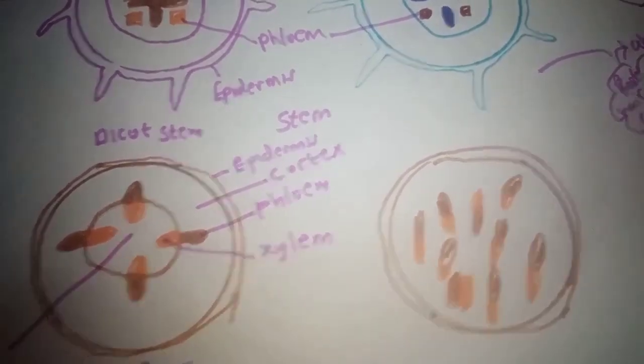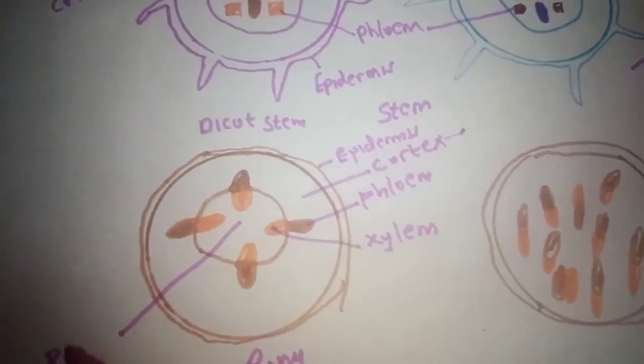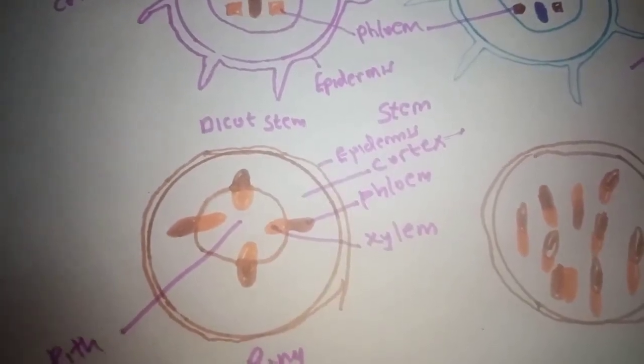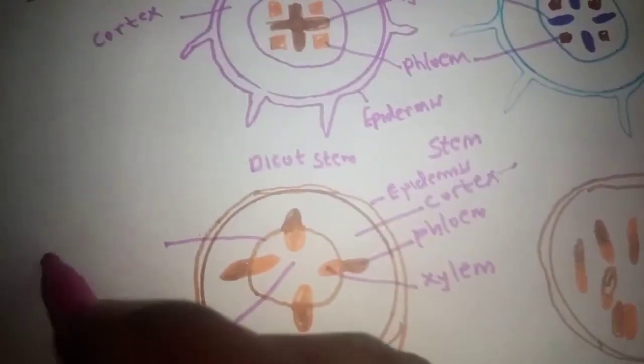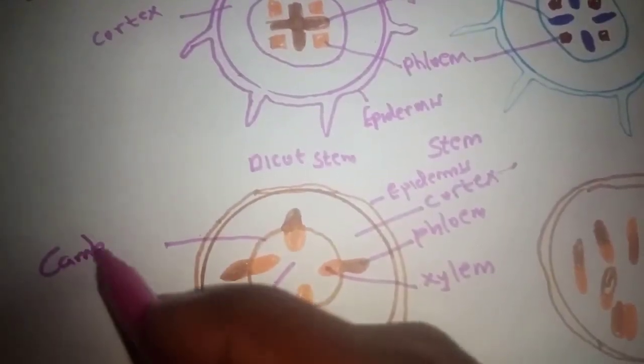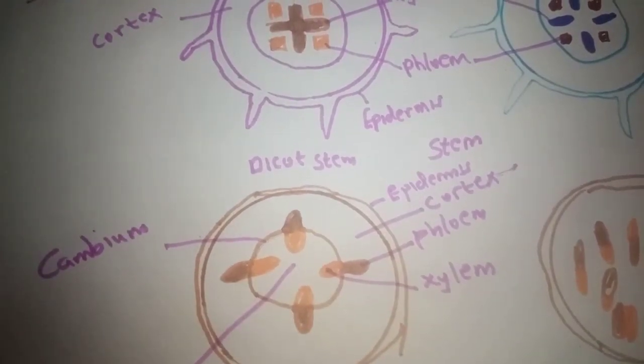This center here is known as the pith. Then this ring is what we refer to as the cambium.